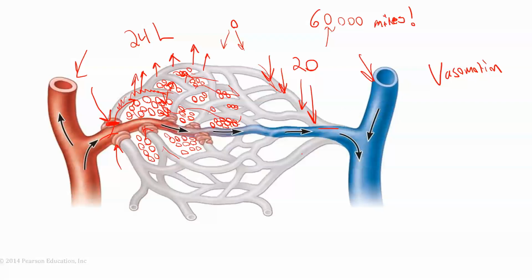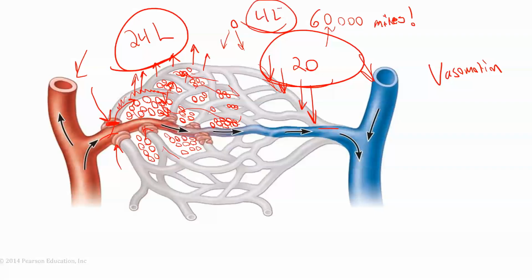So my question to you then is, you've lost 24 liters here and you've only gained 20 liters here. What happened to that 4 liters? There's 4 liters that's not accounted for. Well, the answer is that there's another little vessel system called the lymphatic vessels, a whole other arrangement of tubes that carry fluid, called the lymphatic system.